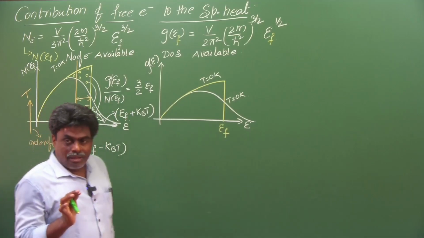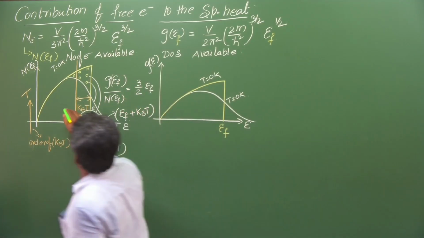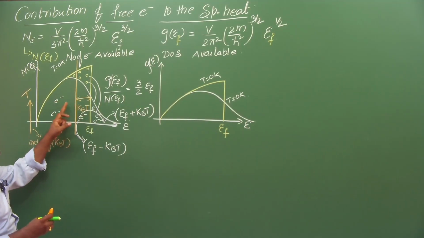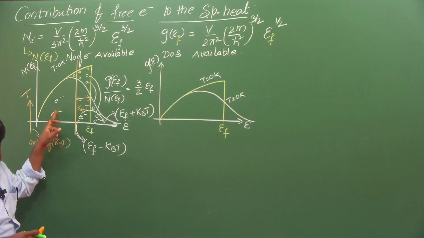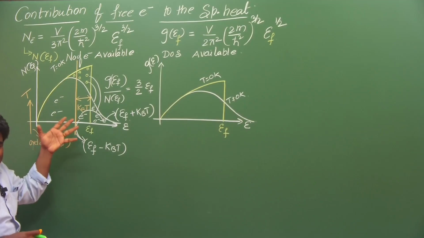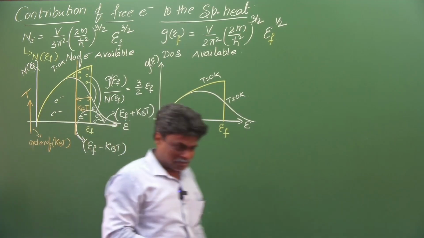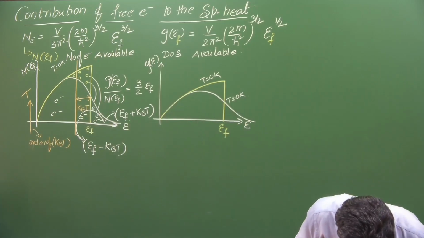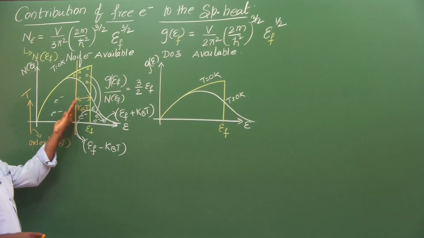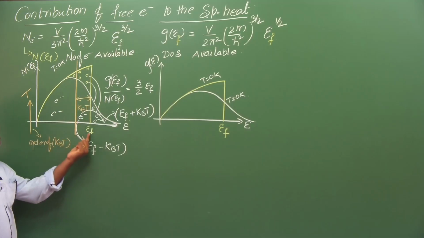If you consider the Fermi level, some electrons are here, electrons which are deeply situated, very far away from the Fermi level.